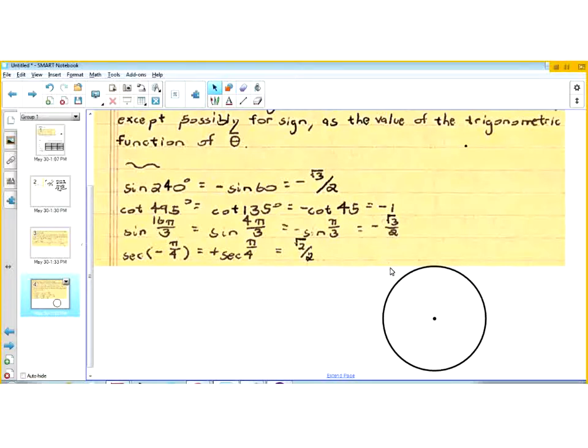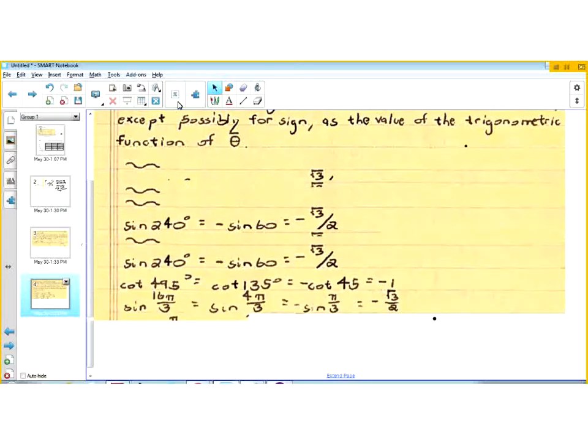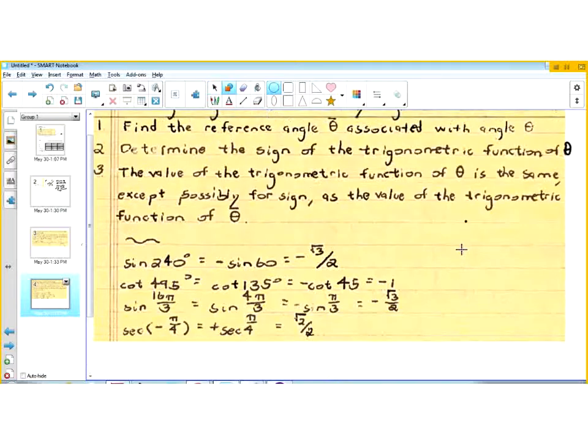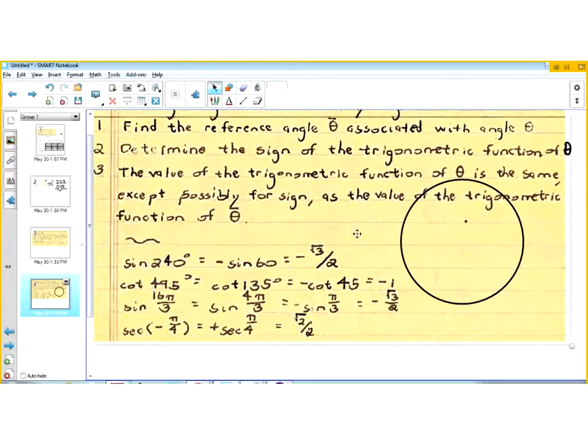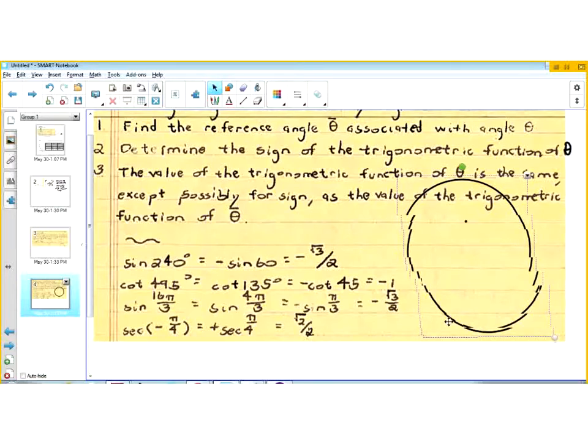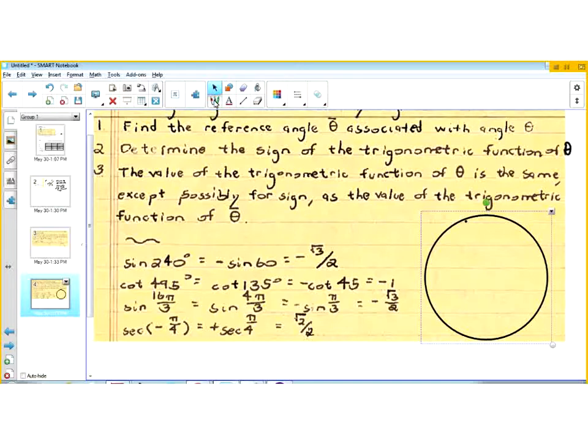Never mind. Let's delete that circle and try it again. So here's a circle. And we want the sine of 240 degrees. So let me overlay a coordinate axis. So here's my coordinate axis.